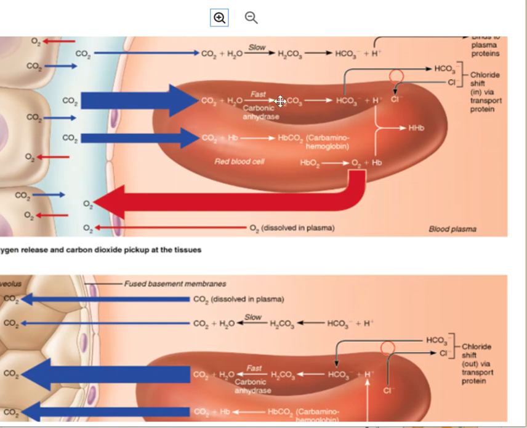We make an acid, which we don't like, right? Acids are bad for us. We dissociate it into something good, a buffer, bicarb, and a hydrogen proton. We take the hydrogen proton and sequester it with the hemoglobin. We take the bicarb and put it out in the plasma where we can use it. We bring a chloride in via the chloride shift. Okay? All good.